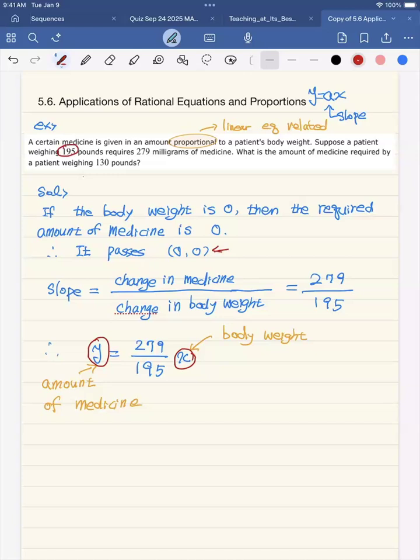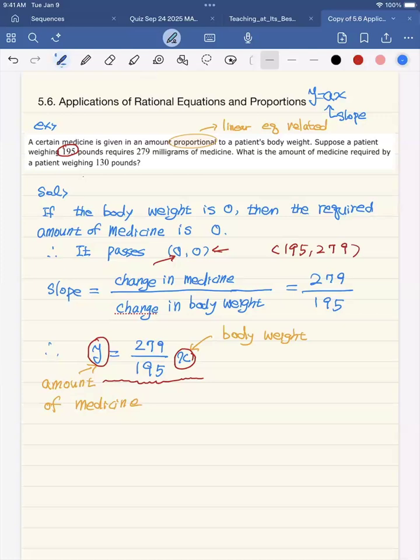That's written in the denominator because, again, it passes (0, 0). So we are thinking about (0, 0) and (195, 279) to get the slope. So the linear model we set up from the information is y equals 279 over 195 x.